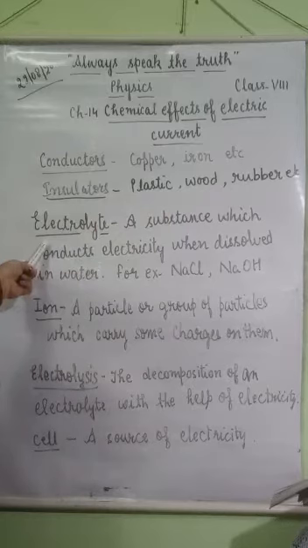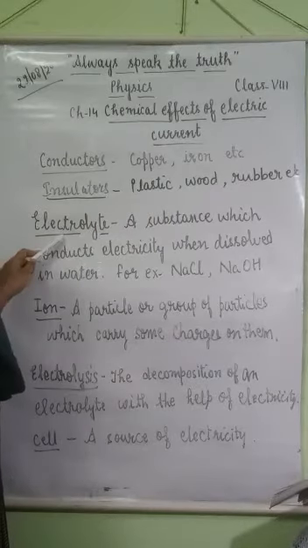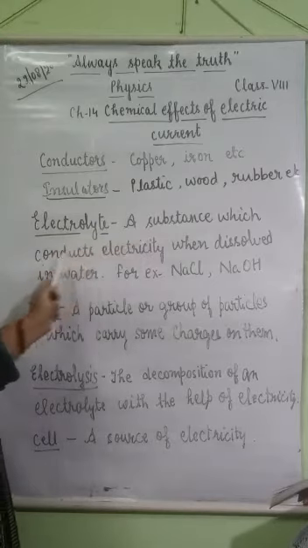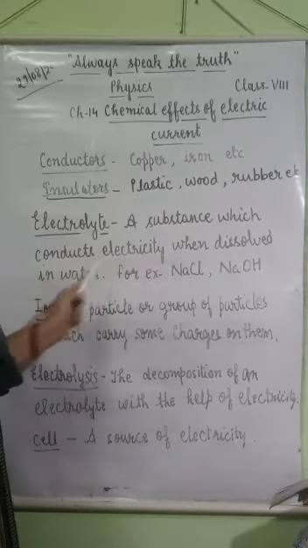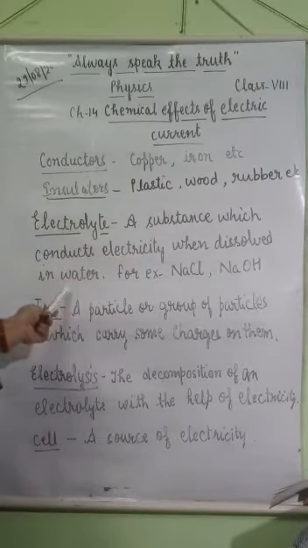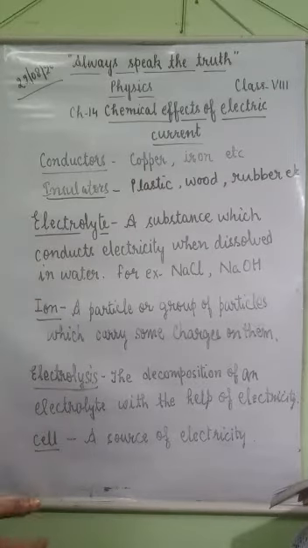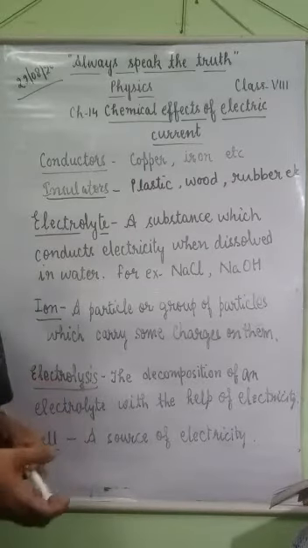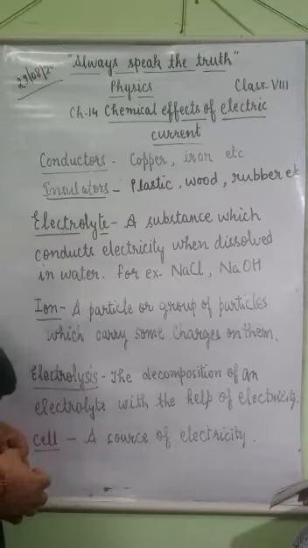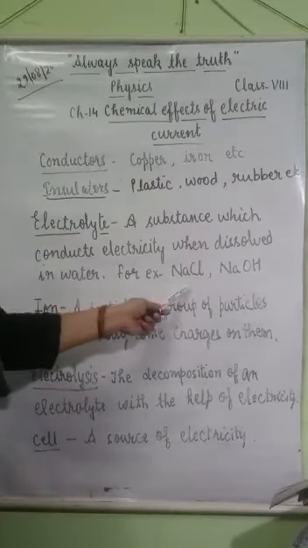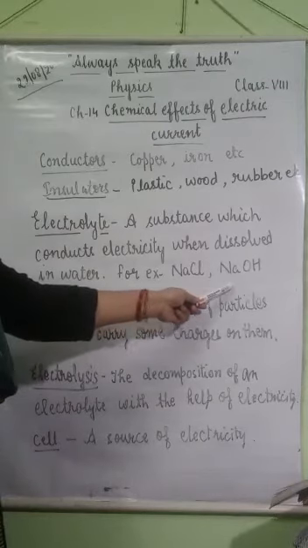The next term used in chemical effects of electric current is electrolyte. A substance which conducts electricity when dissolved in water is known as an electrolyte. So what is an electrolyte? A substance which dissolves in water and conducts electricity. For example, sodium chloride and sodium hydroxide.